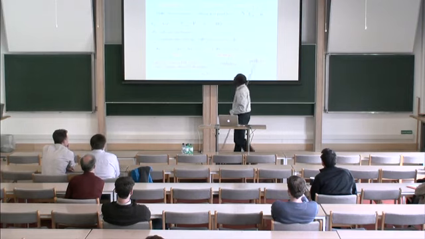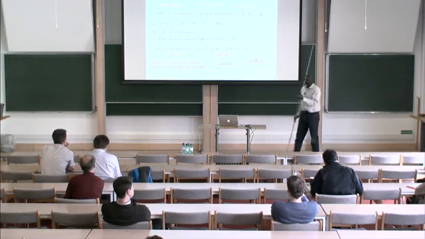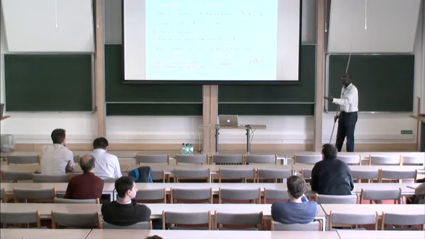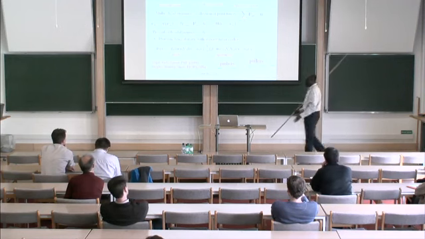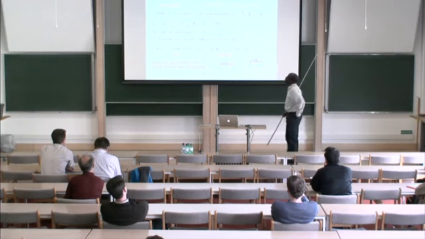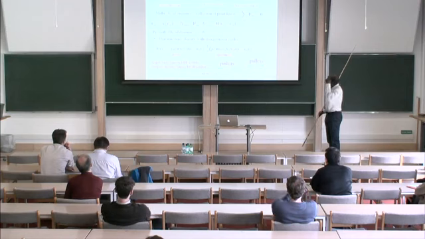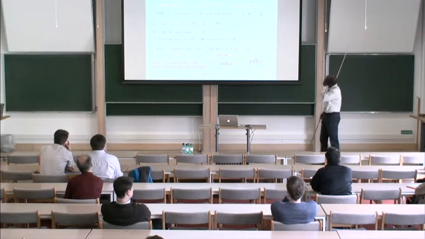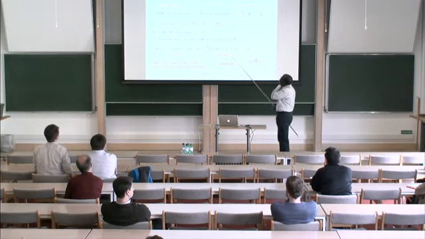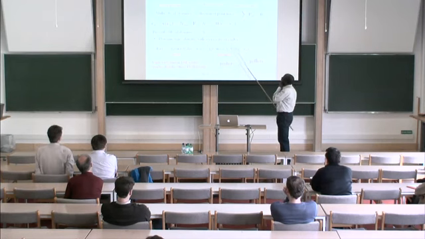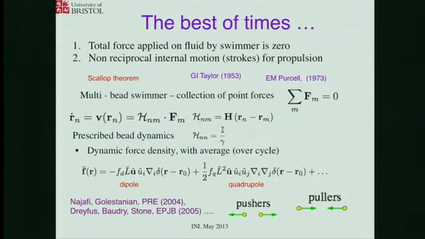So now, based on that, we can make simple models of a swimmer, which we can then put together to study the collective behavior. The two things we need to bear in mind are that the total force applied on the fluid is 0, and that this cycle is non-reciprocal, or breaks this time reversal symmetry.